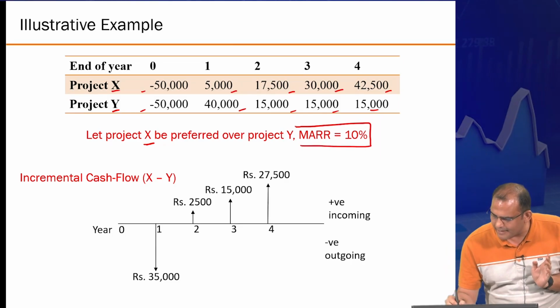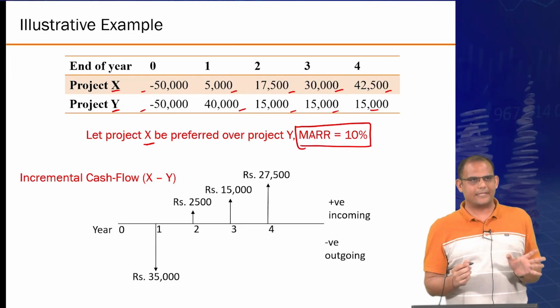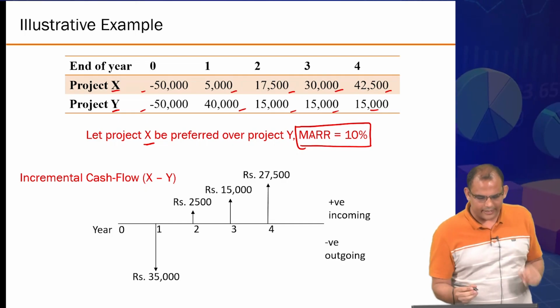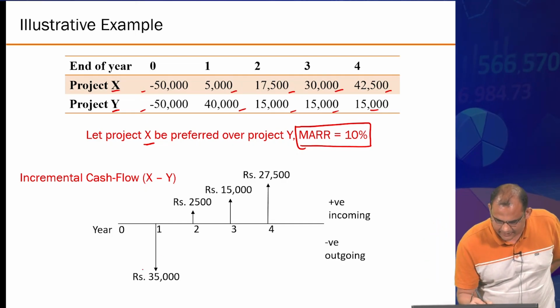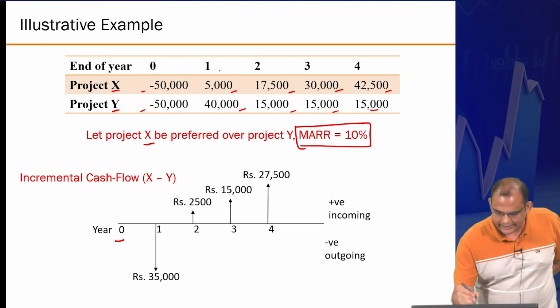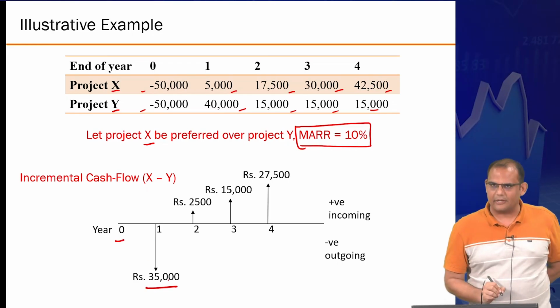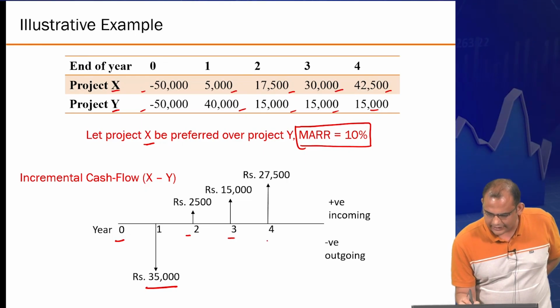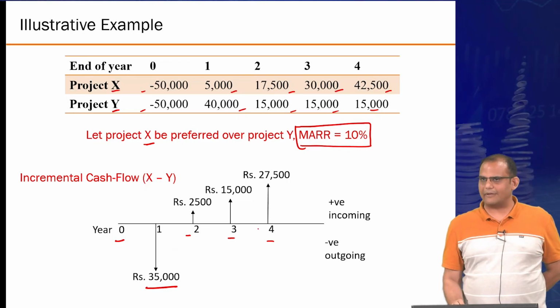And I have given you my acceptable rate of return is 10%. Alright, so your net cash flow series of X minus Y becomes year 0, the net is 0, year 1, the net is 35,000 down, and years 2, 3, 4 become the net values.